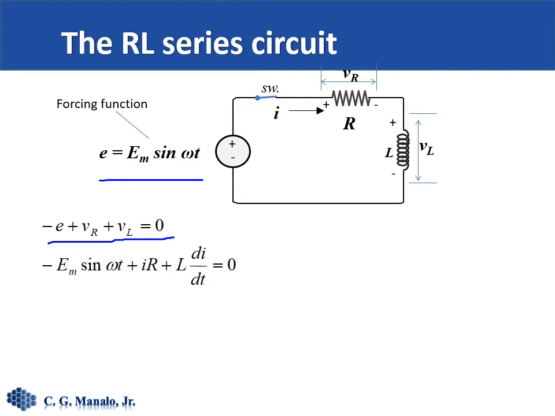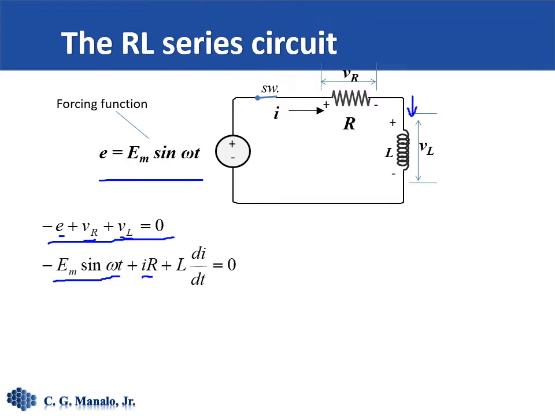And we know that v, the applied voltage source, we can replace it by this one. From Ohm's law, we know v sub R to be iR. And v sub L, we know from Faraday's law that it is L times the rate of change of the current that passes through this inductor.